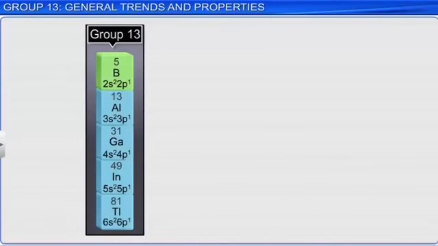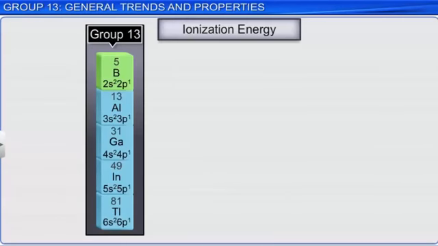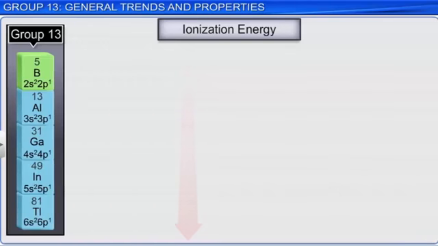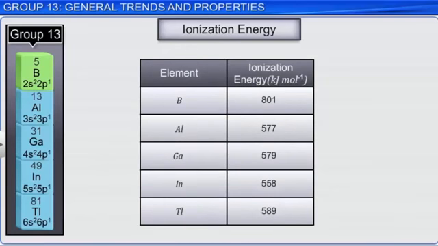In general, ionization energies are expected to decrease down a column. For the group 13 elements, however, the expected smooth decrease is not observed, as shown in the table. This is due to the poor shielding by d and f electrons.